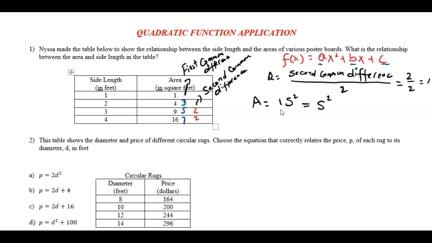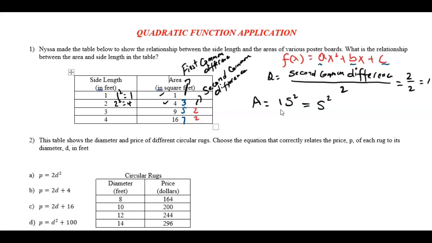So let's see if that works. If the side length is 1, then the area will be 1 squared. What is 1 squared equal to? 1. So that's checked. If the side length is 2, then the area will be 2 squared. What is 2 squared? 4. And that's checked.